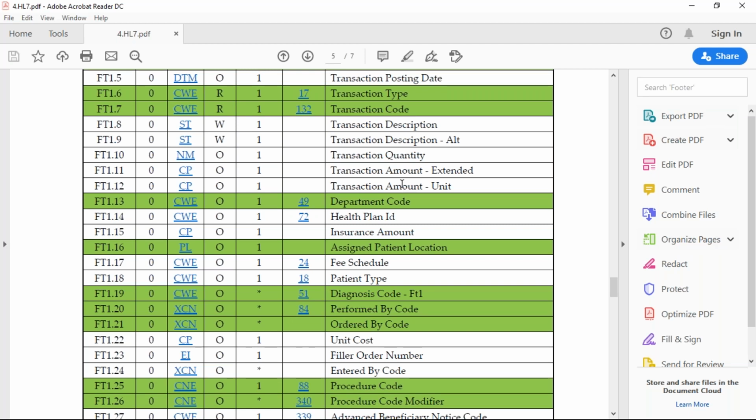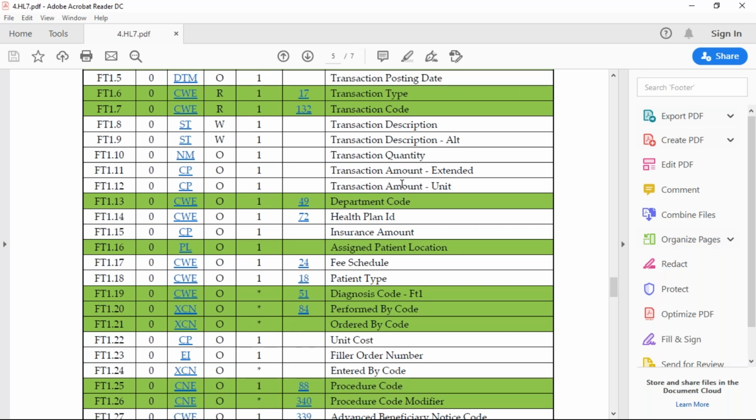One, EHR will be sending out the charge information back to the PM system, which means EHR is the place where the amount for each procedure has been indicated and registered. At that point, EHR will send out the charge to the PM system. There is a second scenario where the charge for each procedure is already present in the PM system.